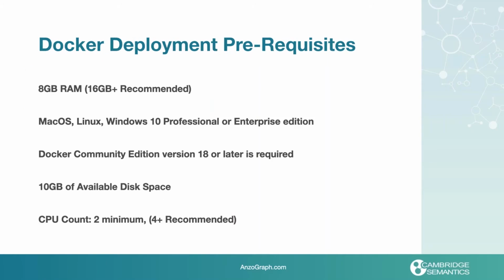The minimum requirements for running Docker are 8 gigabytes of RAM, but we do recommend 16 gigs or more. You can run on Mac OS, Linux, or Windows 10 Professional or Enterprise Edition. Docker is not supported on Windows 10 Home Edition, so that's a Docker limitation.